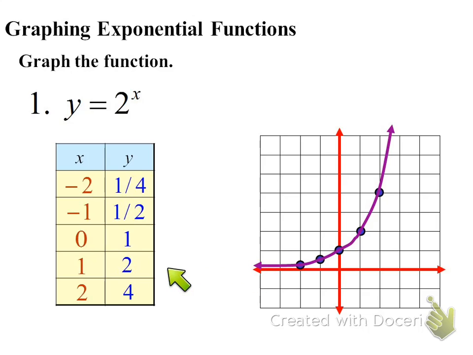If you plugged in negative 100 in your calculator, you'd still get a positive number. It'd be a very, very small decimal, but it would still be positive. You are never going to get below the x-axis here. That's your asymptote. We look at horizontal and vertical asymptotes. This is a horizontal asymptote. Any questions on this one?